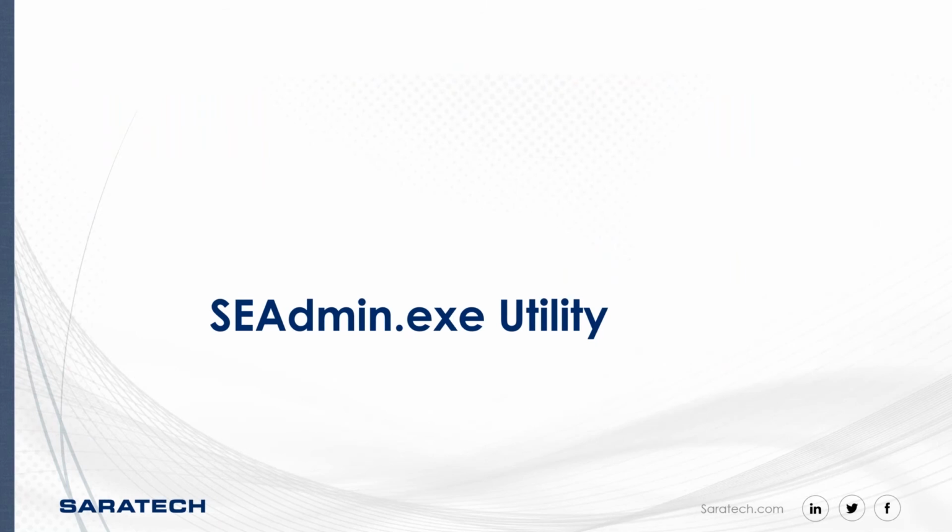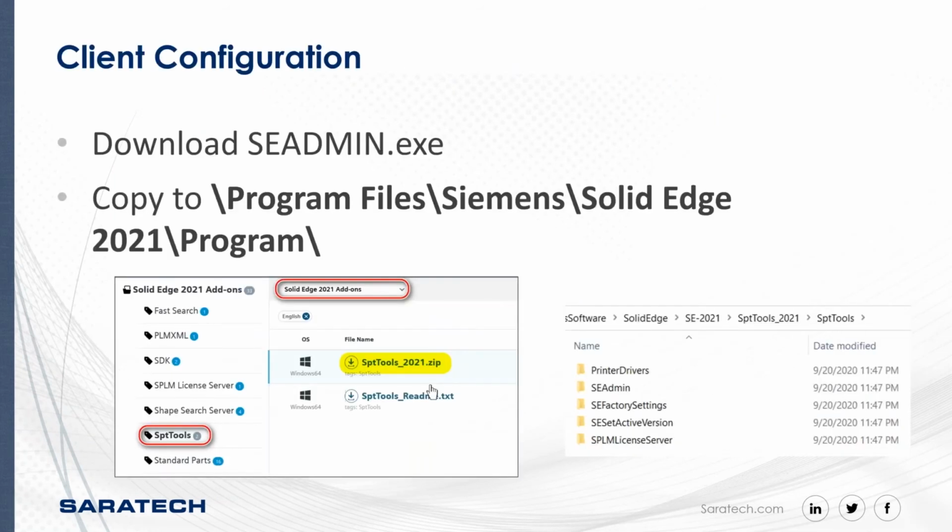The SEAdmin utility is not included in your Solid Edge download. You actually have to download some support tools to be able to use it. This has got to be one of the best pieces of managing Solid Edge out there that maybe you don't even know about.